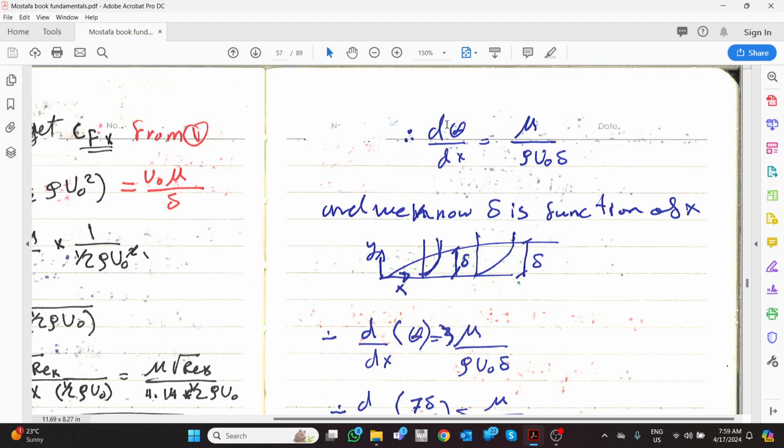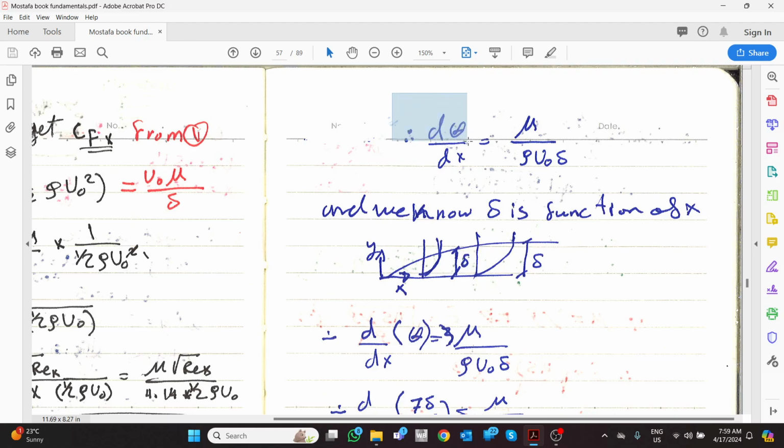Then we can write that d theta by dx equals mu over rho u naught delta. And we know that delta is a function of x. So when you make the integration, don't say it is mu over rho u naught delta multiplied by x. Wrong. We know that delta is a function of x.